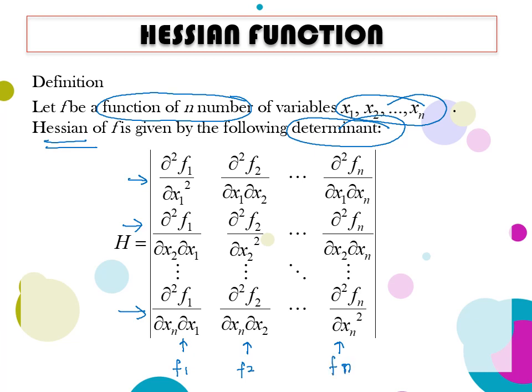For the first column, you will perform second order partial derivative for function 1 with respect to x1, x2 until xn. So it will be mixed.